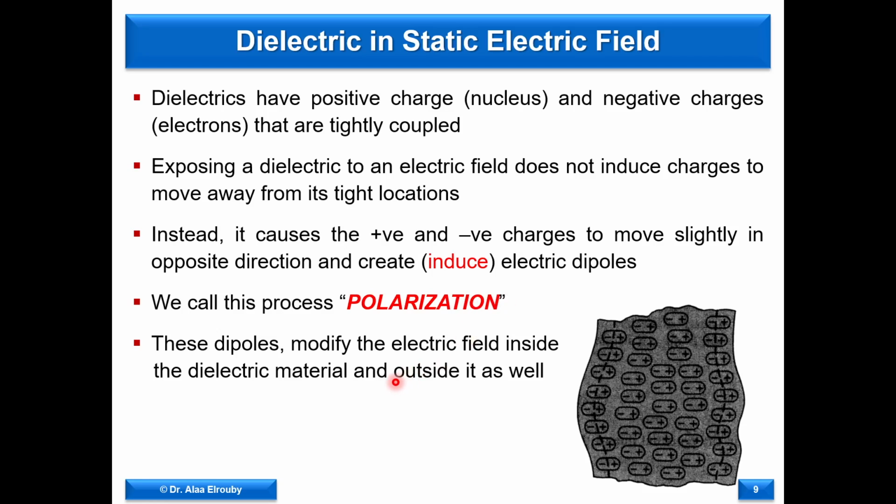So the electric field is trying to move the charges in a certain way, and the internal structure is opposing or imposing a different force. So there is a partial polarization that varies from one material to the other.